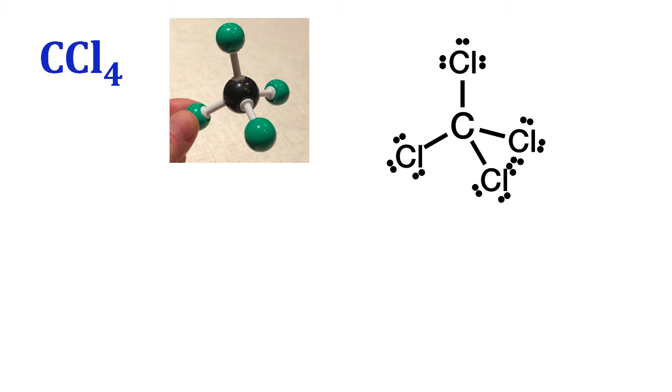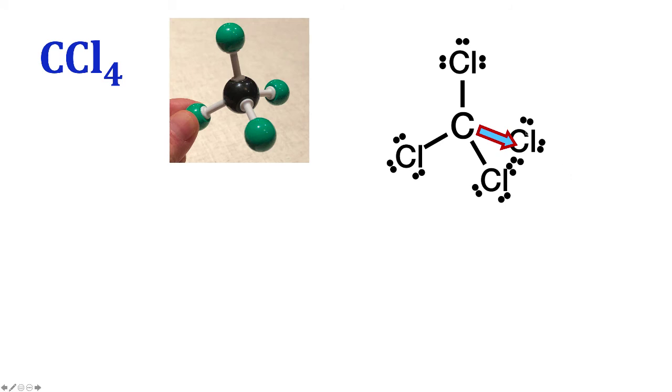All right, let's take a look at CCl4, molecular model, tetrahedral shape, Lewis structure, carbon with 4 bonds to chlorine atoms. And in that tetrahedral shape, we have a carbon to chlorine bond 4 times.